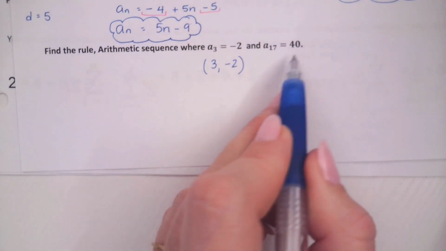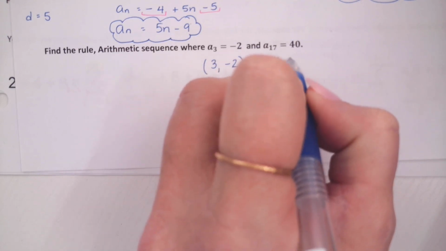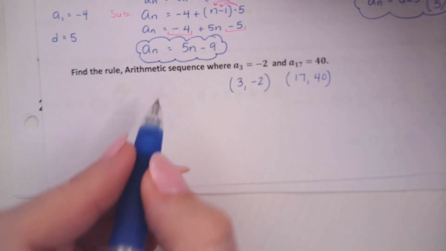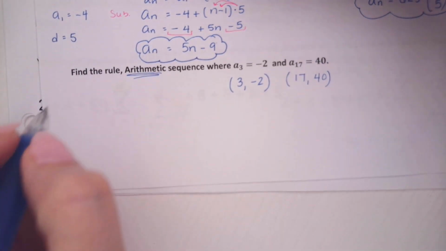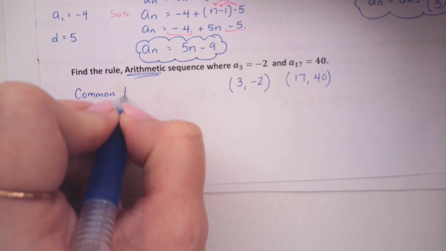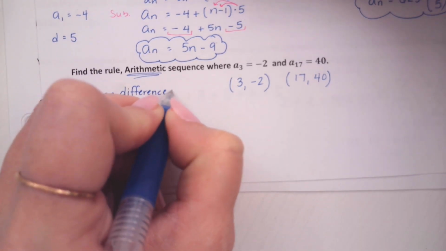This is telling you my 17th term is 40. So it's kind of like points. If we need to find our common difference, we actually are just finding the slope of this. It's an arithmetic sequence, so it's linear. The common difference is basically the slope.